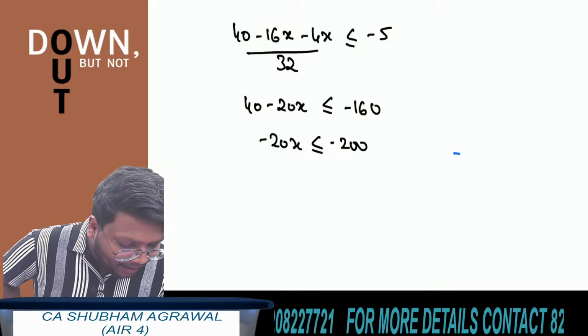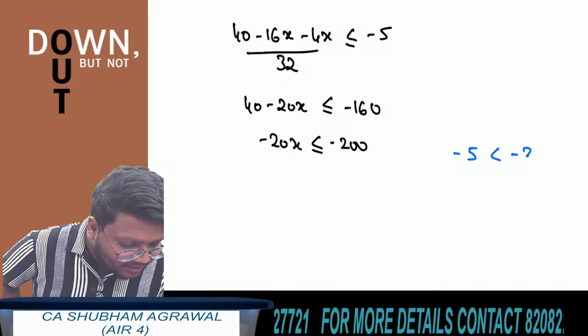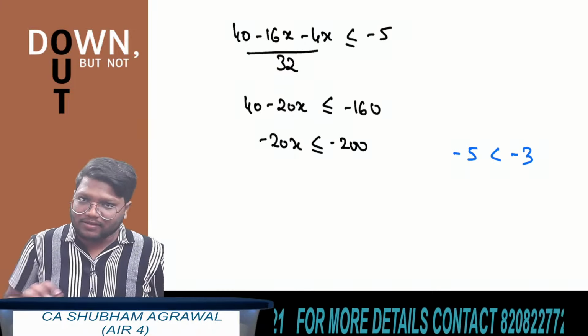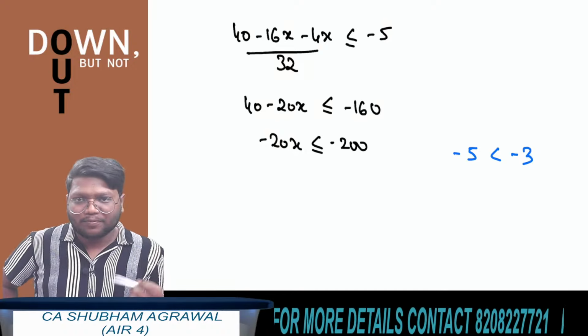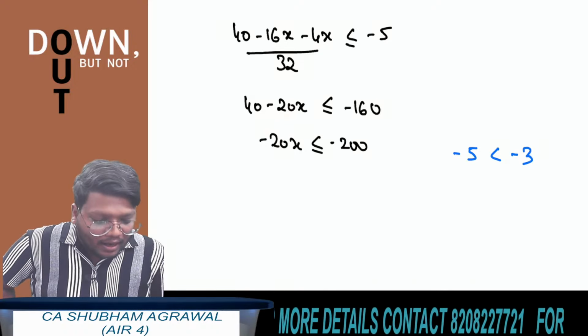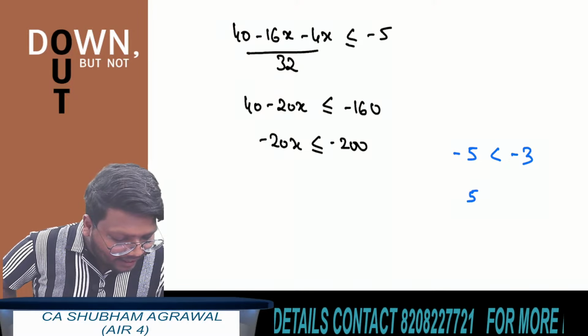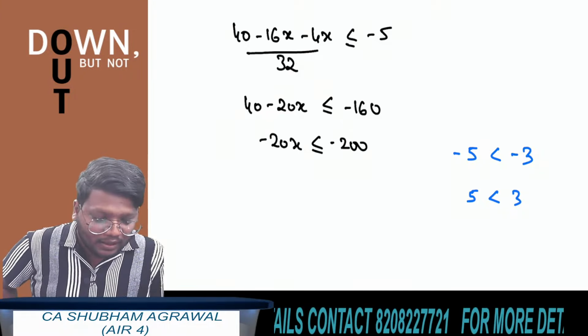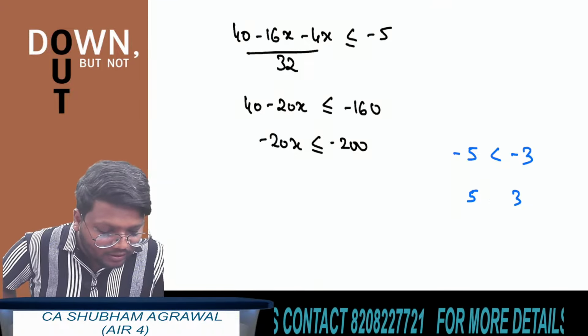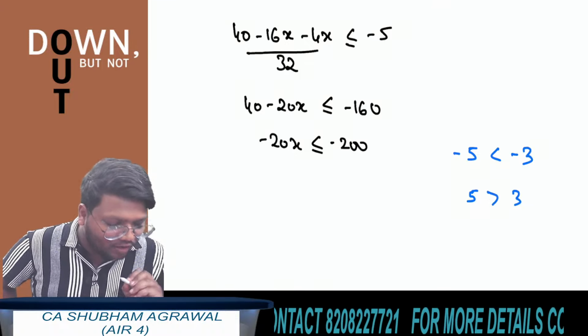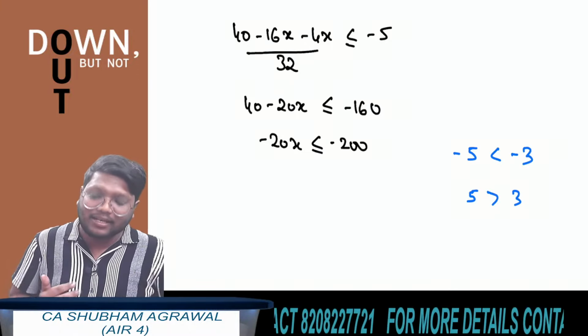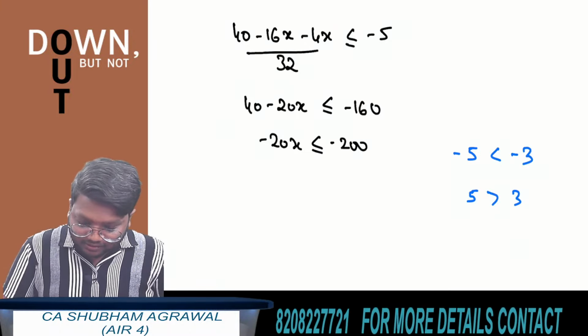If I am writing, see, minus 5 is less than minus 3, correct? Minus 5 is a smaller number as compared to minus 3. And now if I am removing this minus sign, can I write now 5 is less than 3? No. If I am removing the minus sign from both sides of the inequality, I have to change the sign of the inequality. Okay, 5 is what? Greater than 3. 5 is greater than 3.